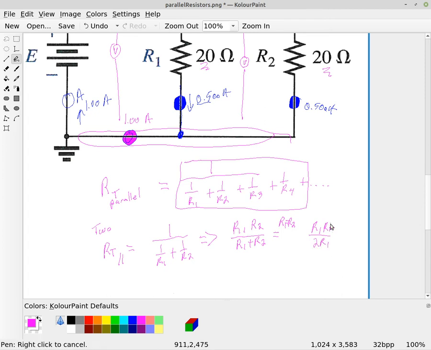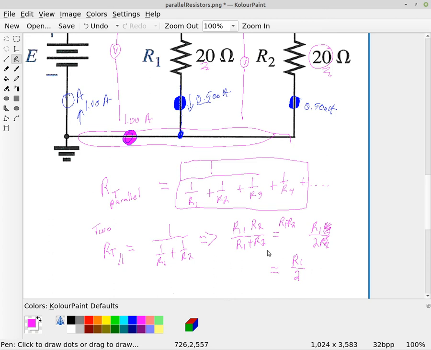Okay, and so the R1s will cancel, so if the resistors are equal, we get a special case of R1 divided by 2, which is exactly what we have up here, right? We had 2 resistors of 20 ohms, which gave us a resulting resistance of 10 ohms, right? So 20 ohms divided by 2 gives us 10 ohms.